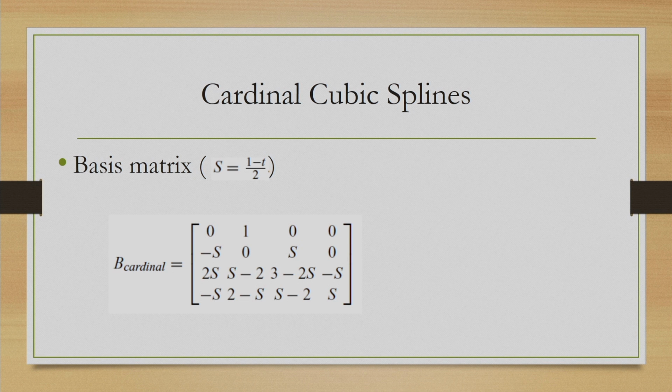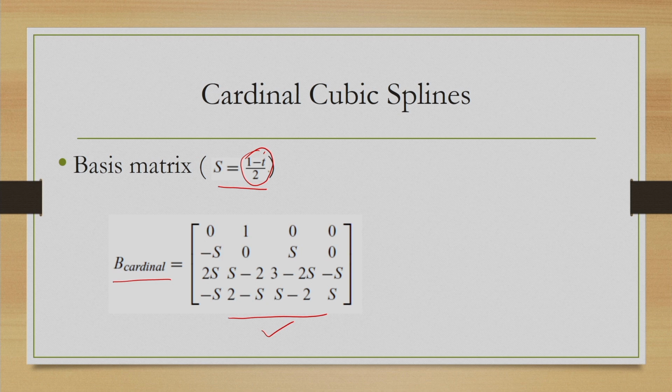This is slightly complicated, but again you can try using the same approach by setting up the system of equations where some rearrangements may be required. Then you create the constraint matrix, take the inverse to get the basis matrix for the cardinal cubic splines, which is represented in the form of S, where S is this expression.